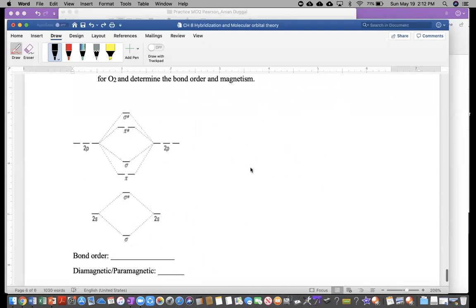It's actually supposed to be sigma pi sigma. Remember that? In the class we learned this. Oh, that makes sense. It should be sigma pi sigma.